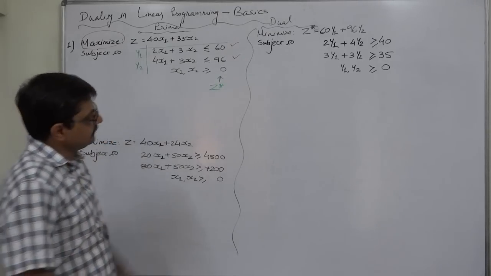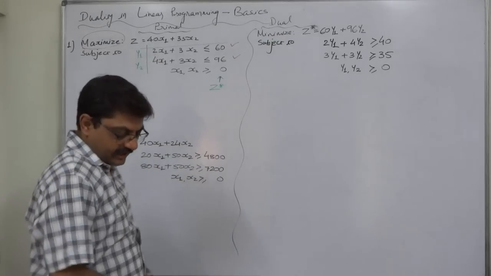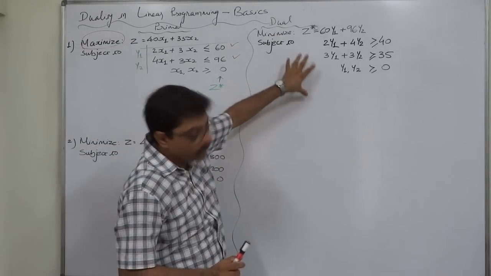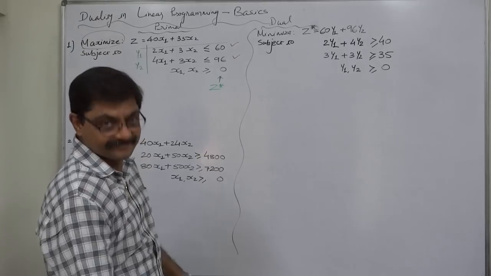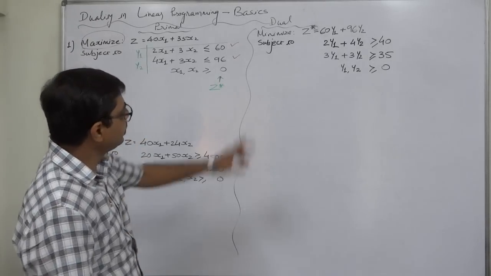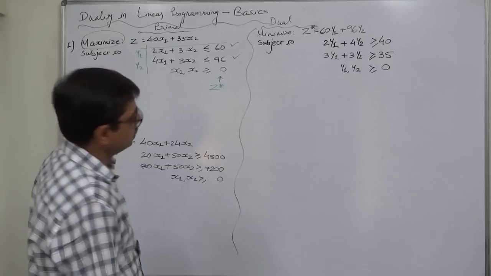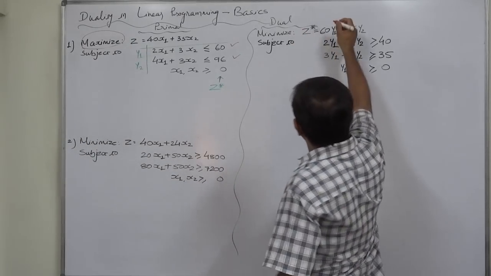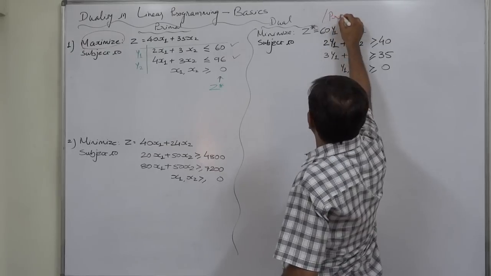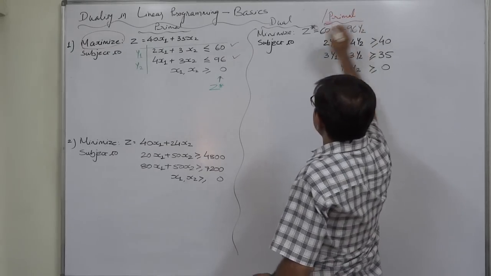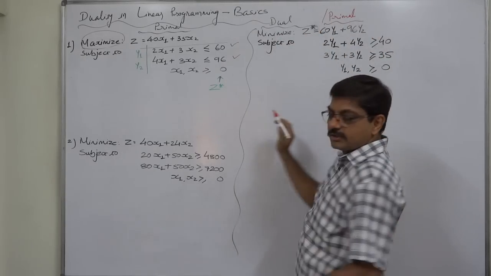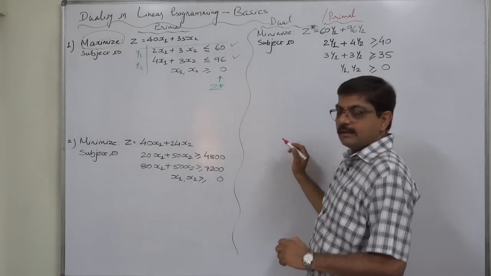Now let us take an interesting thing. What will happen if we write the dual of this dual? See, now if we take this as a primal, the objective of the primal is minimization, so the objective of its dual will be maximization.